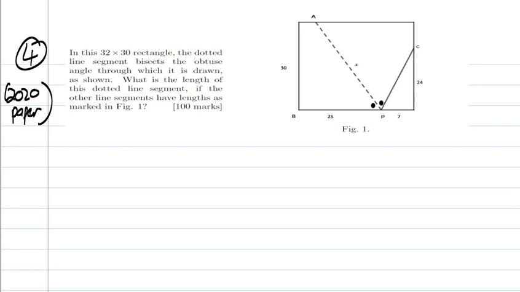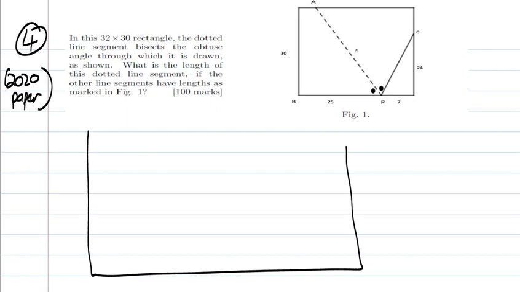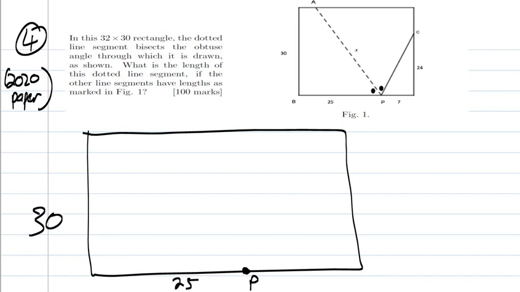Alrighty, so we need to solve this question. A big tip when solving geometry questions is to possibly redraw it, and draw it as big as you can so that you can do some calculations. We know that's 30 units, that's 25 units, and that's 7.